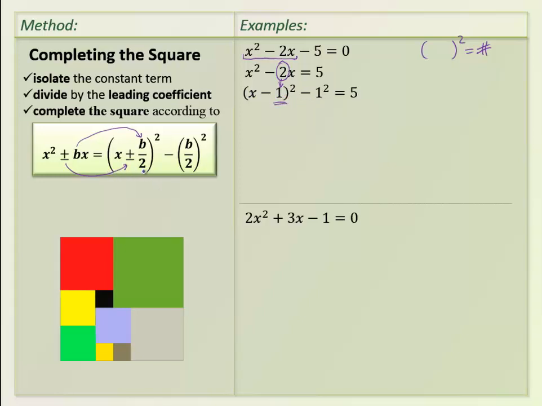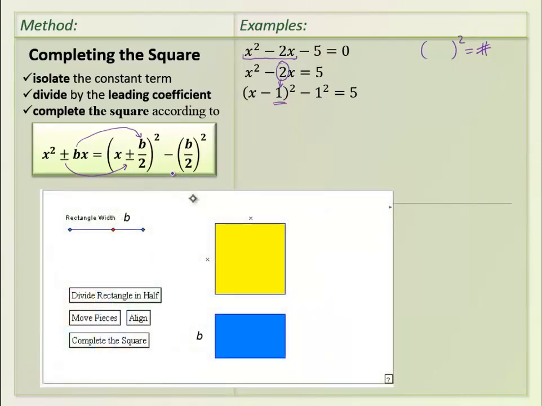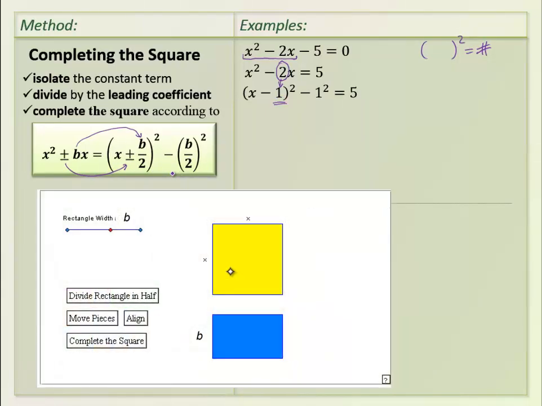So why does this rule really work? Here we have a little applet that will justify geometrically how this formula works. We're taking a yellow square with the side x. The area of this yellow square represents x squared. And here we have a blue rectangle with one side equal to x and the other side equal to b.